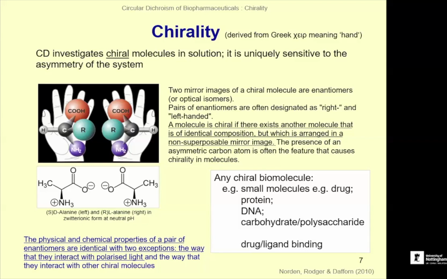One of the reasons it's so good for looking at biological molecules is that a lot of biological molecules are based on carbon, and that asymmetric valency, as it were, of the carbon atom.